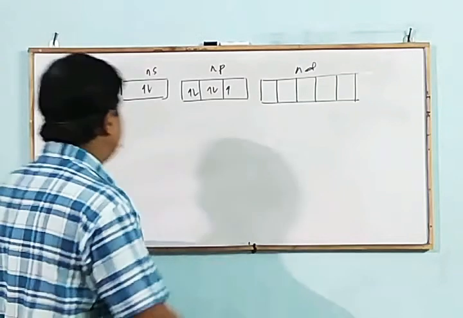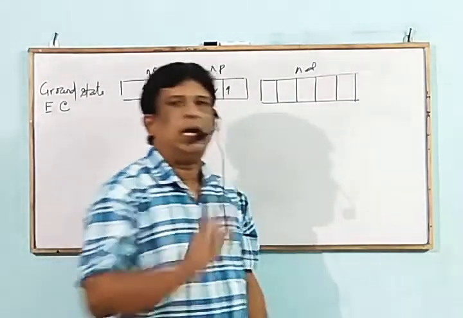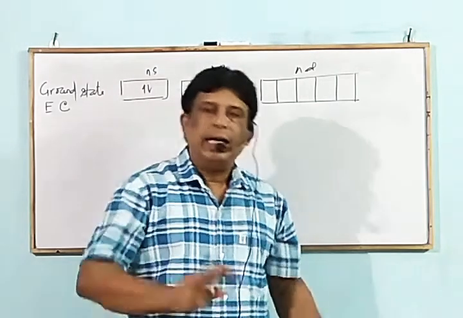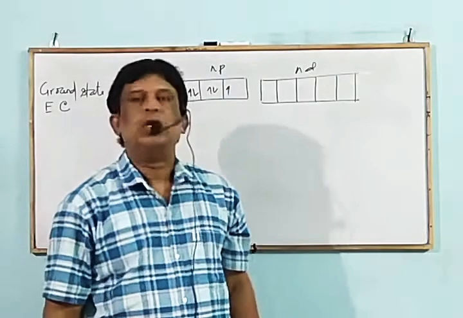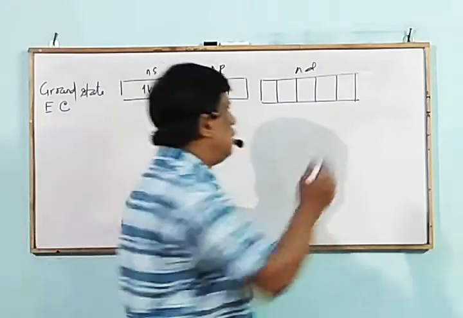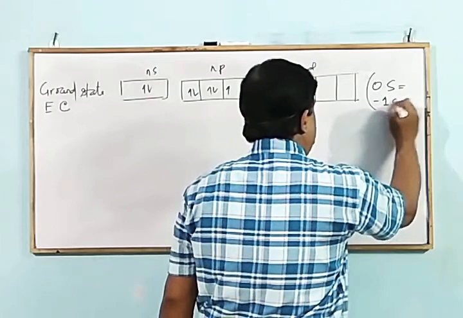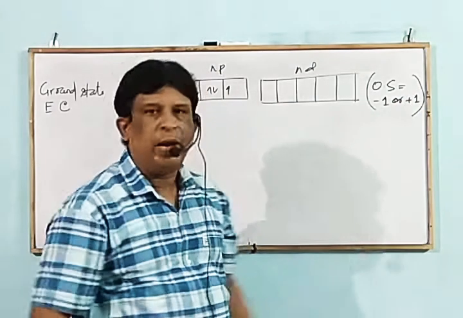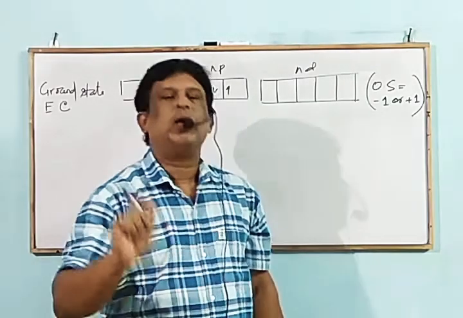Since only one unpaired electron is there, it can accept one electron or share one electron, showing an oxidation state of -1 or +1, depending upon whether the element with which they combine possesses lower or higher electronegativity.